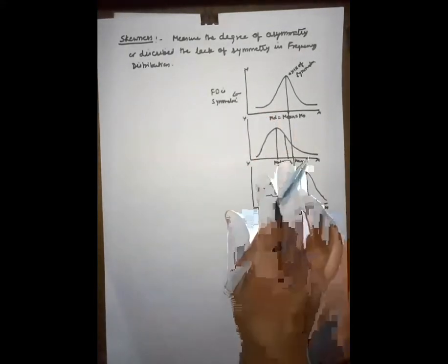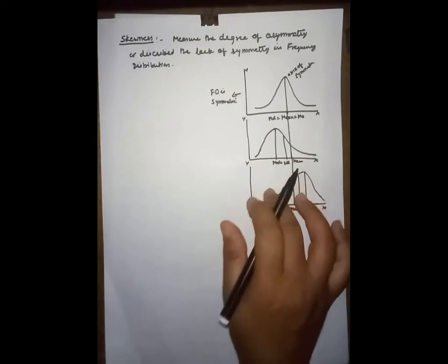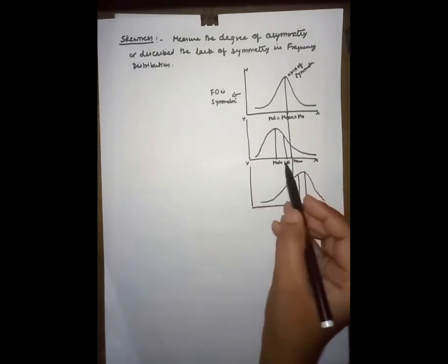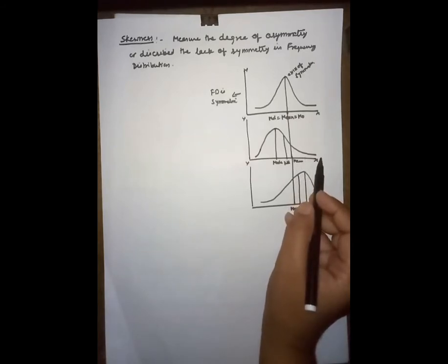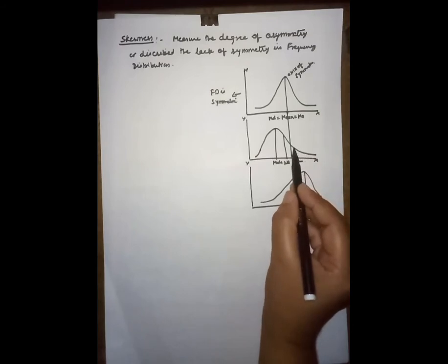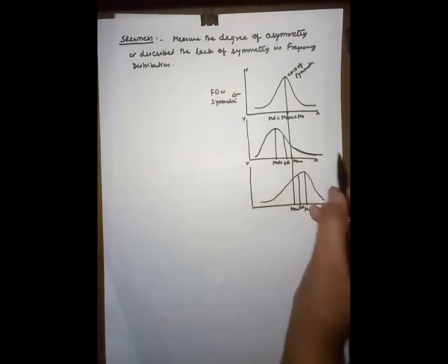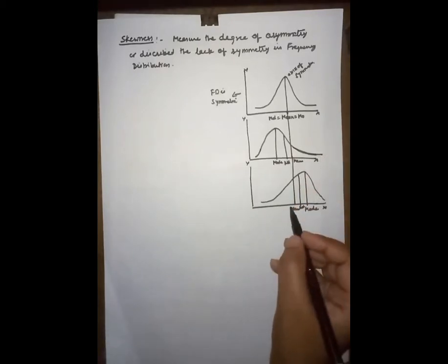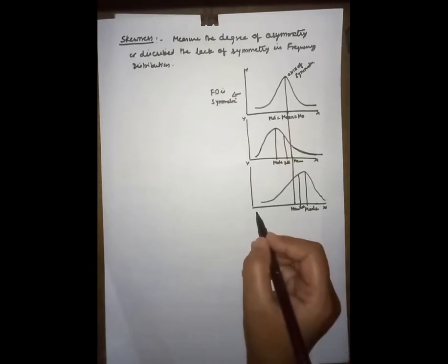Right? Now, if you see the second and third cases, in the second case, on the positive side, a tail is developed. You know very well, this is the positive side, this is the negative side. Or in the third case, on the negative side, a negative tail is developed.